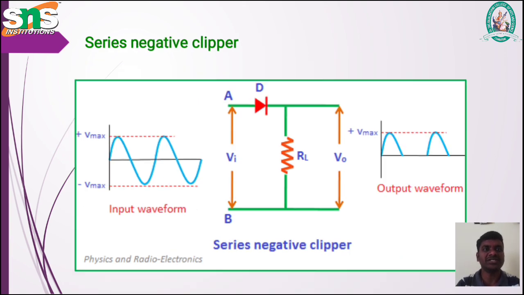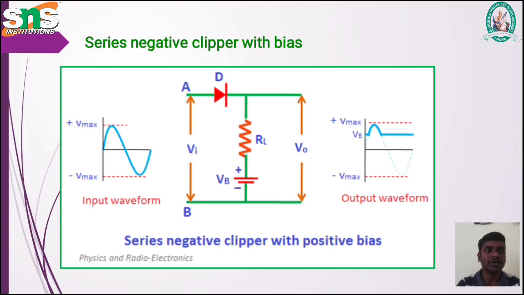Okay, next one, the series negative clipper. We connect the diode in the opposite direction; that is the negative clipper. You will get the positive half cycle of the input as output, and the remaining negative half will be cut off. Now we use bias with the series negative clipper.